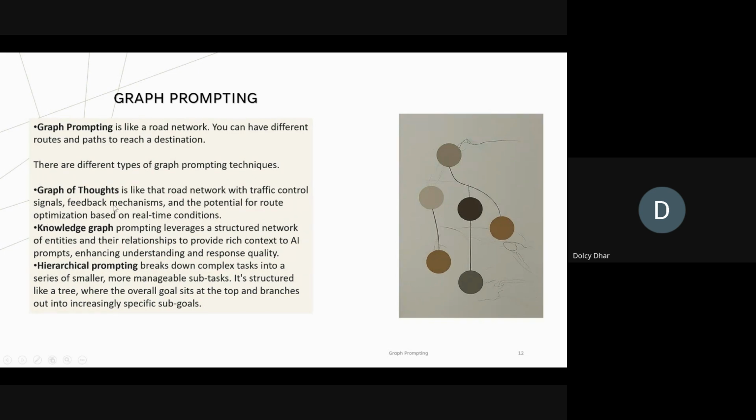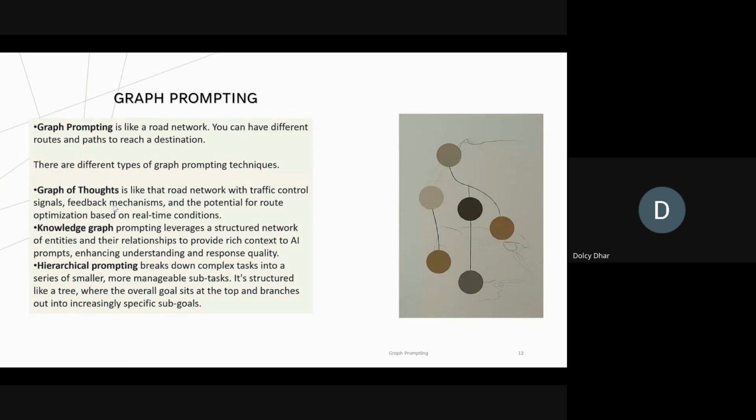There are three major types. Graph of thoughts is what we are speaking of today primarily. Different thoughts have been aligned, and you give the LLM the capability to decide how to leverage functions from those thoughts at every step.